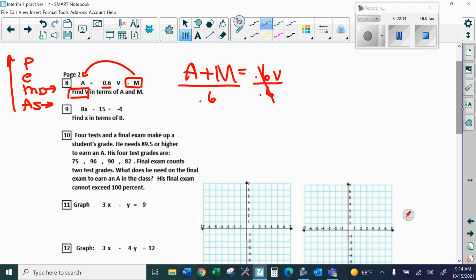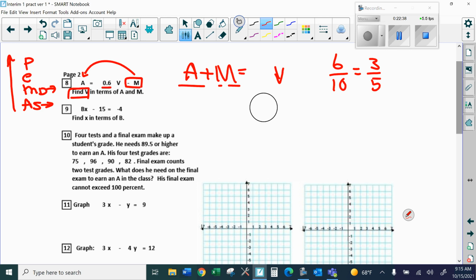Now, they may not have it like this. They might change it, because oftentimes they don't like decimals and fractions. So what you could have done, because this is more likely to be the answer, at 0.6 V, I'm going to change that 0.6, and that means 6/10, which then simplifies to 3/5, because we always reduce fractions.